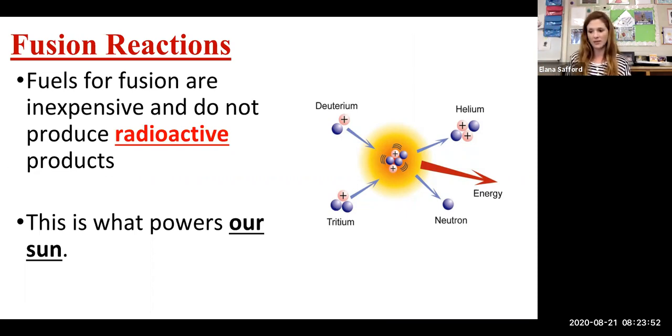So it's usually an unstable hydrogen fusing with another unstable hydrogen to create helium. These names are isotopes of hydrogen. They do not produce radioactive products. Unlike fission, which is very radioactive with a lot of gamma radiation, fusion reactions don't have that. Not radioactive, but still very, very powerful.